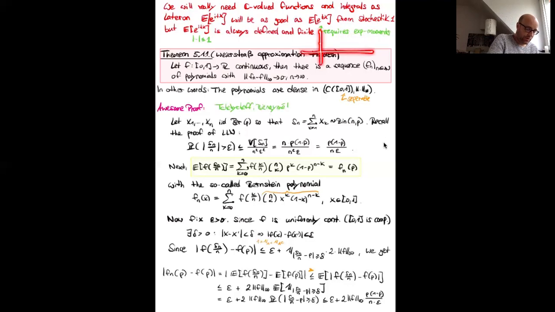So this is our function f. And now we have a sequence of polynomials which is getting uniformly closer and closer to f. Be careful. Your first thought might be, well, I can do Taylor. Let's take Taylor polynomials, and we know Taylor polynomials converge to the function, but only if the function is smooth.